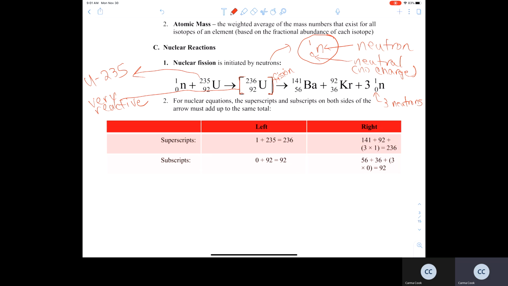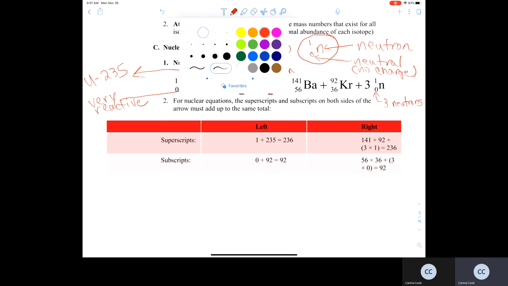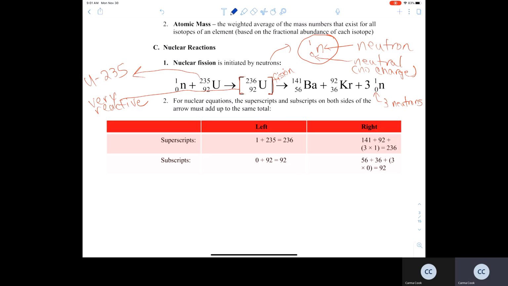And so we note that this fission reaction for uranium-235 is balanced. It is a balanced nuclear reaction. So what do I mean by a balanced nuclear reaction? Well, that means that the superscripts and subscripts on both sides of the arrow add up to be the same total.